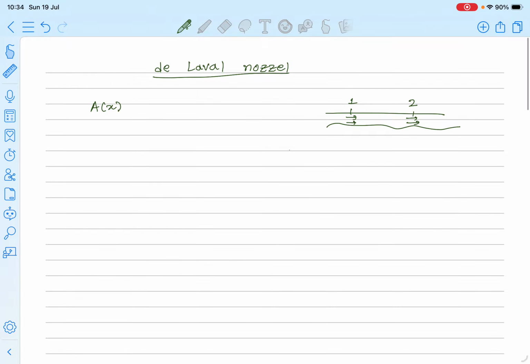So we can write this equation, rho(x) V(x) A(x), which is the mass flowing per unit time from this side, which will be equal to rho_2 V_2 A_2 at the other point, or we can say rho V A is equal to constant.